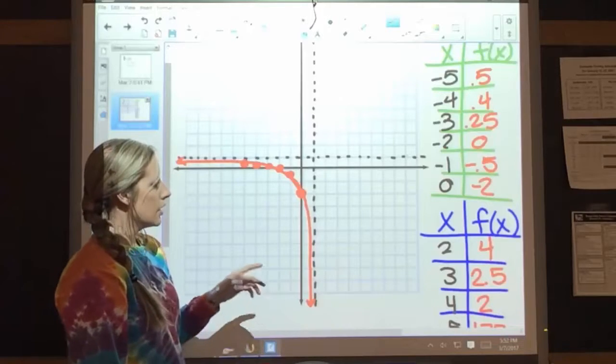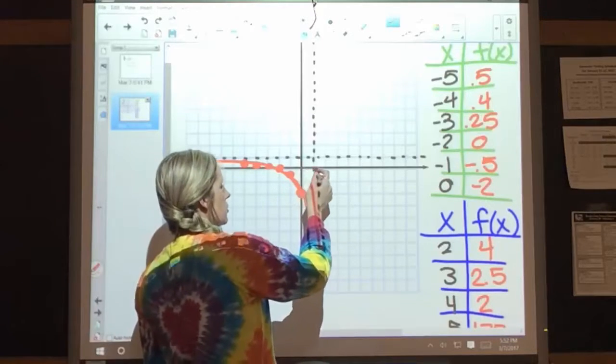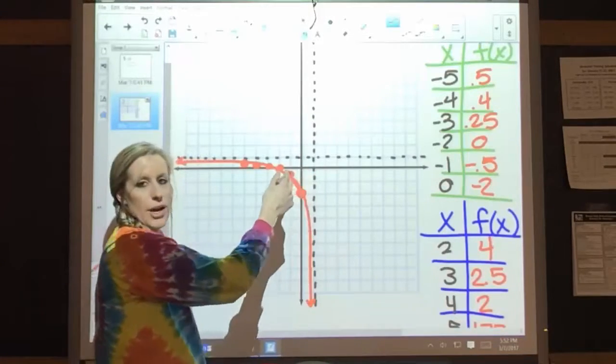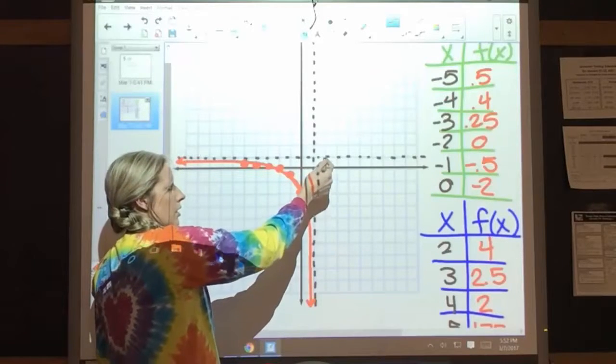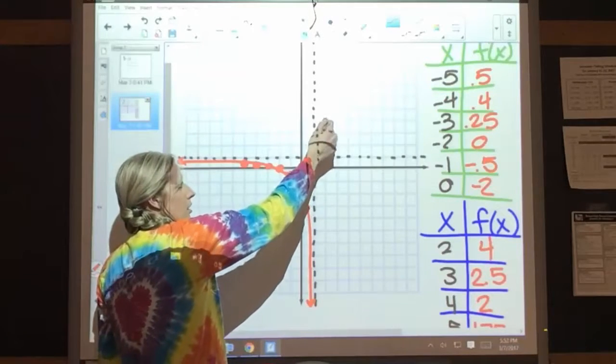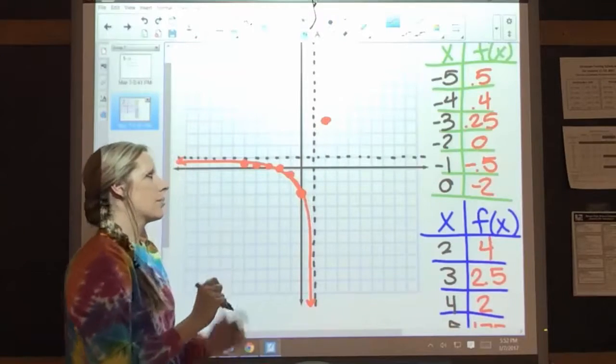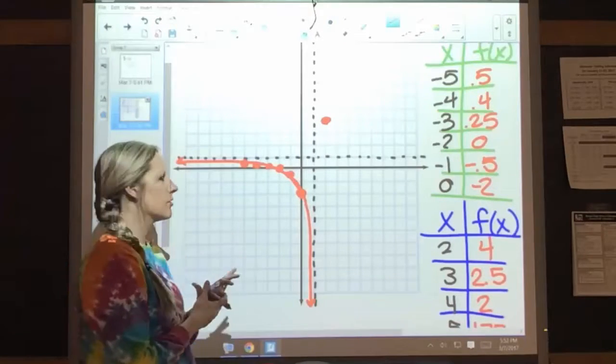Okay, and then my other table, we have the point 2, 4. So make sure you go where x is positive 2 and y is positive 4. Don't let the asymptotes mess up your graph.